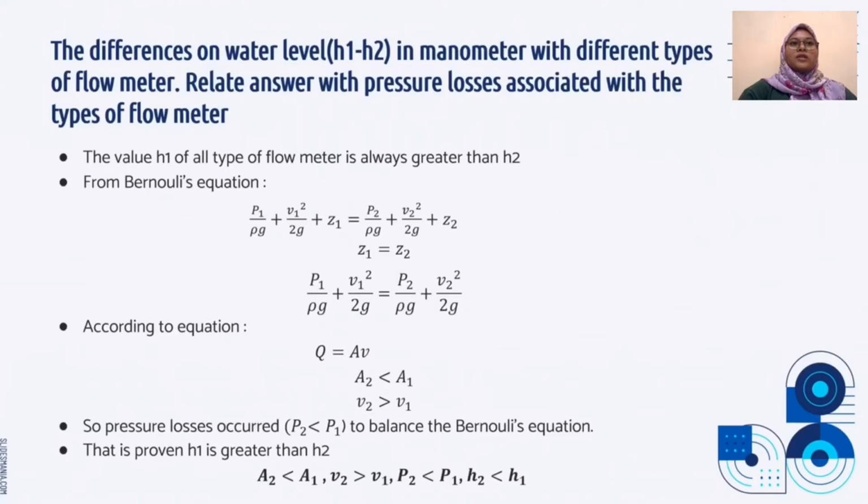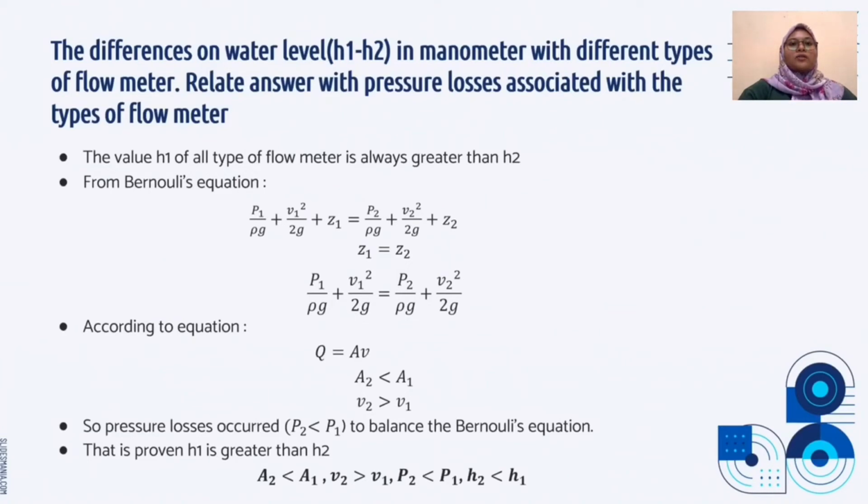So from the Bernoulli equation, we got P1 over rho g plus V1 squared over 2g plus Z1 equals P2 over rho g plus V2 squared over 2g plus Z2. As we know Z1 equals Z2, so it will be P1 over rho g plus V1 squared over 2g equals P2 over rho g plus V2 squared over 2g. We take the equation Q equals AV.